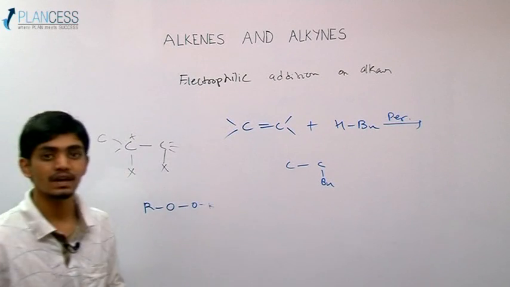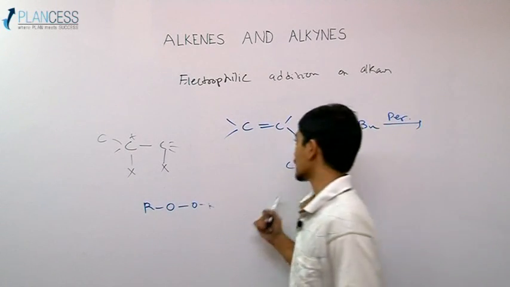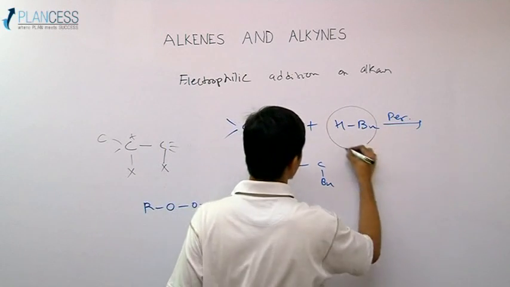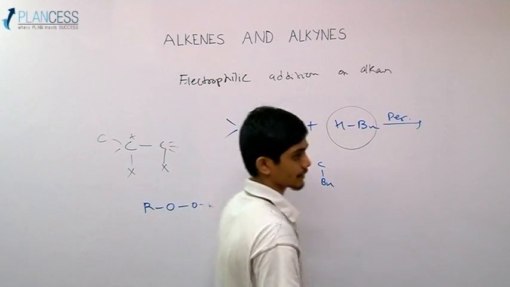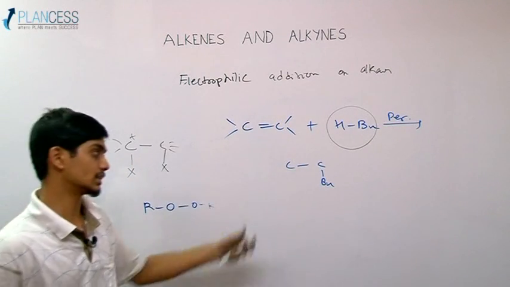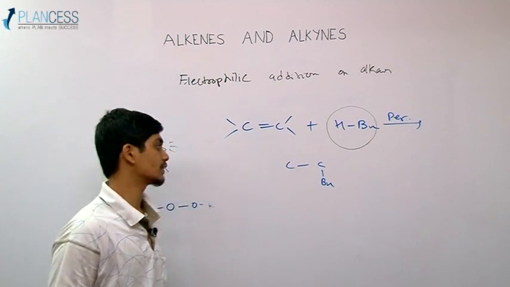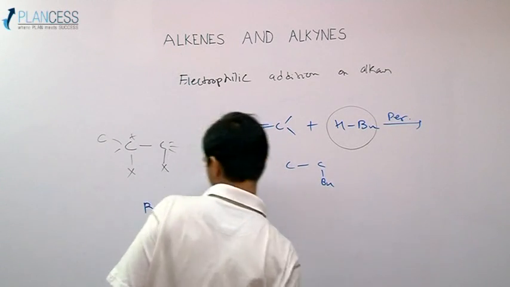That is, we get the anti-Markovnikov addition. So again, only HBr gives this kind of reaction, but not HCl or HI or HF. And HBr in normal conditions, if you take it without the use of peroxide, then you will get the normal Markovnikov product.